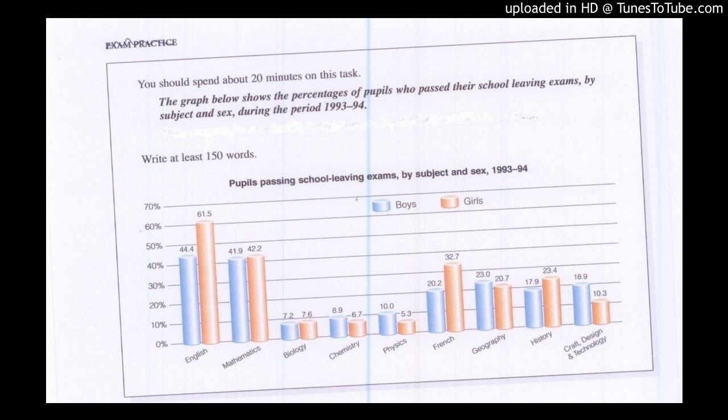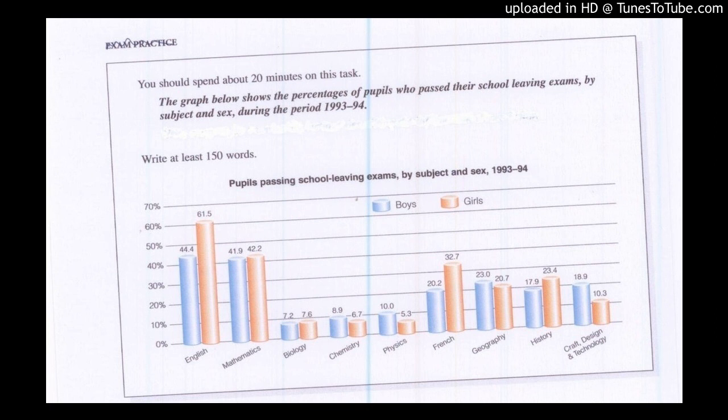For example, the diagram shows the performance of students in school exams in a variety of subjects in the year 1993 to 1994. You're going to get more marks if you can use your own vocabulary rather than the vocabulary in the question. Let's go on to paragraph 2.